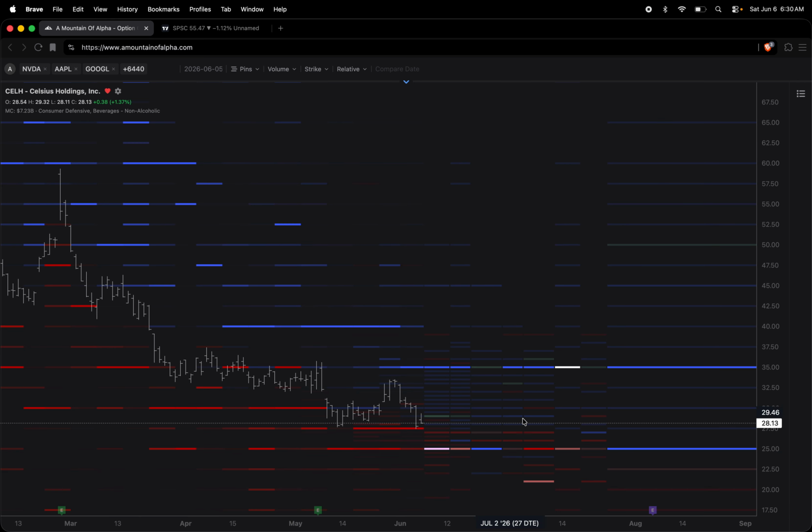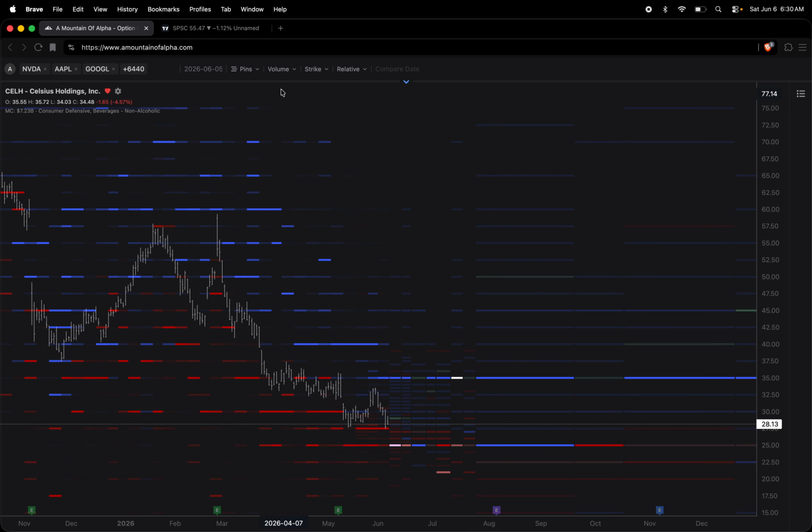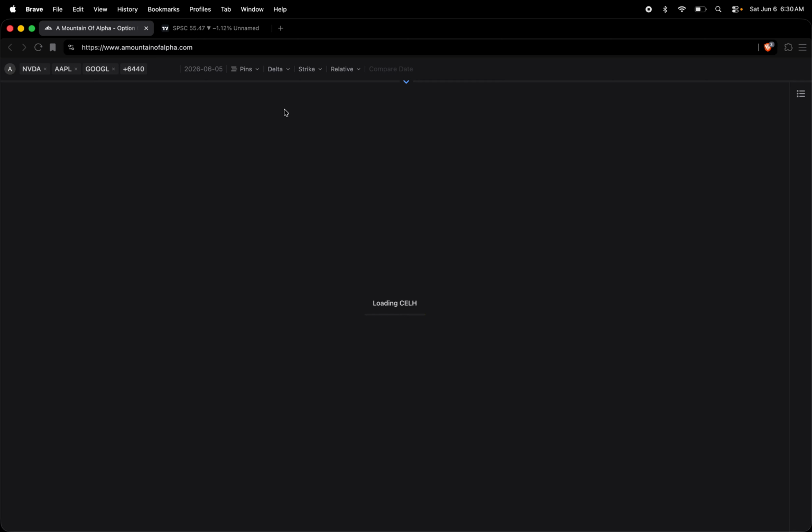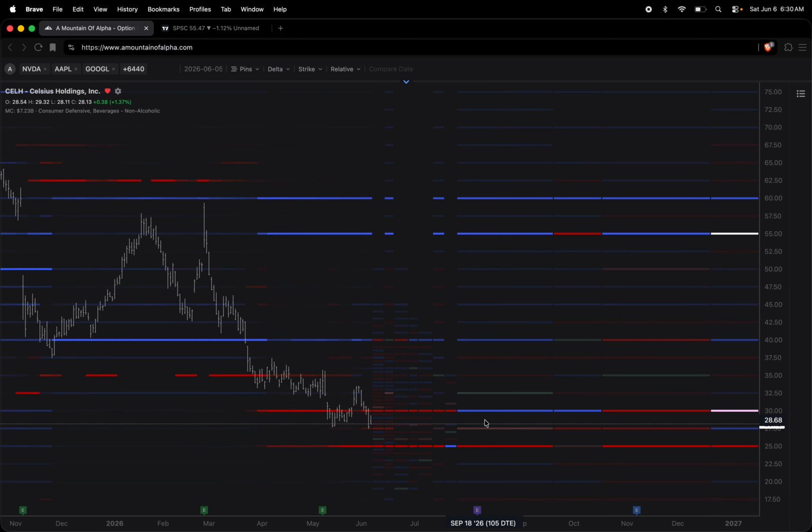And so I could see there's this 25-35 before earnings, and there's this really strong 25, right? And then if I go back to the delta and open interest, because this is calculating from open interest, I see there's this strong 25 bar down here.